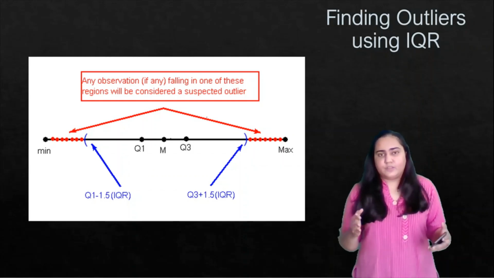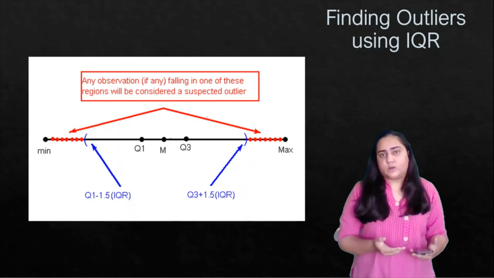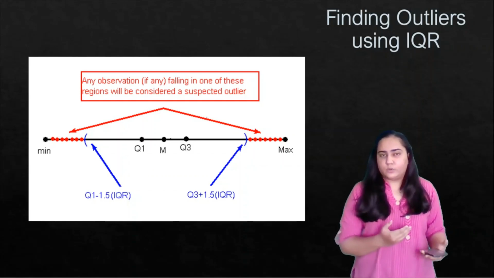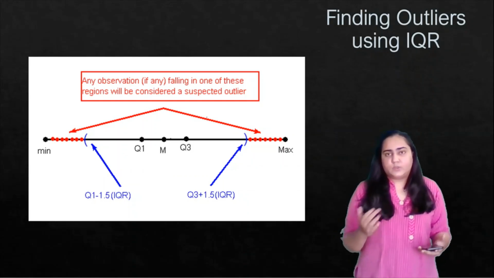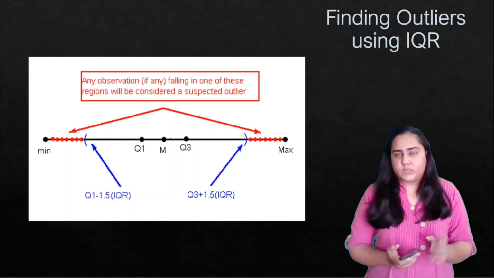Anything that falls beyond that area, you can term as an outlier. So that is how you can find outliers by using the interquartile range.